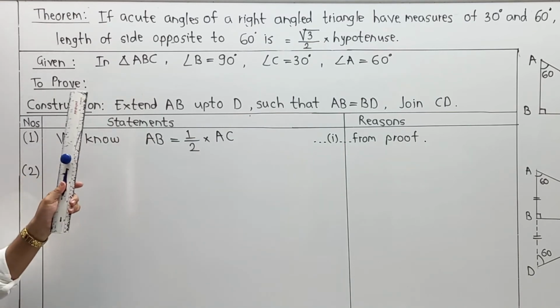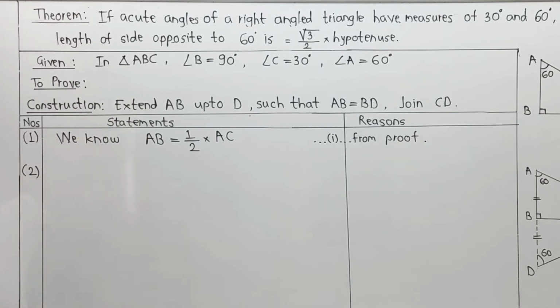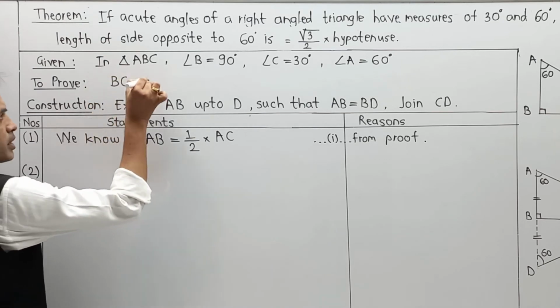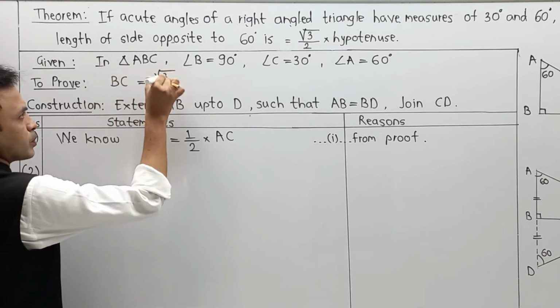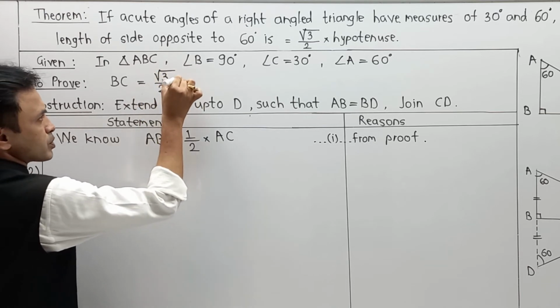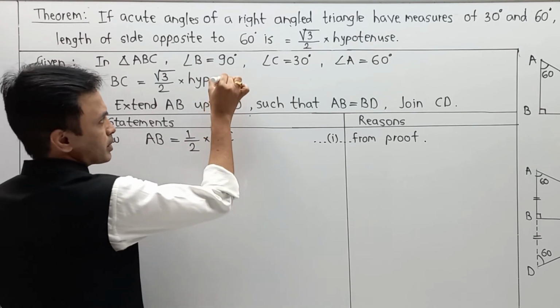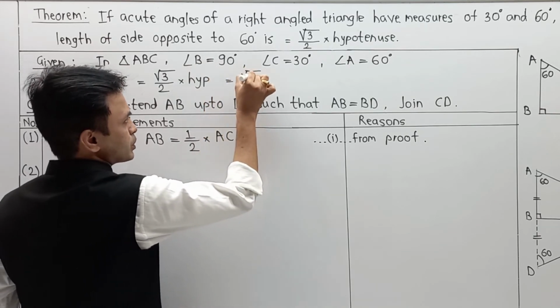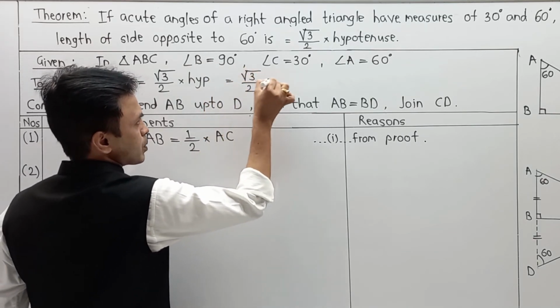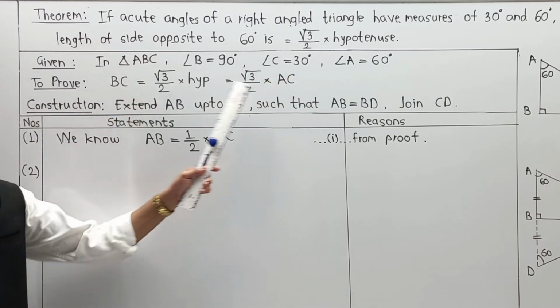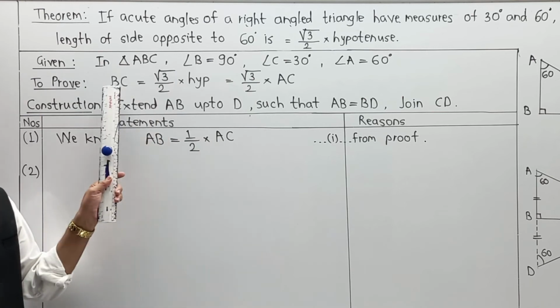To prove is now going to change. Side opposite to 60 degree, that is BC, is root 3 by 2 times of the hypotenuse, or you can also write root 3 by 2 times of the hypotenuse AC. Either way you can write, the pattern remains the same.